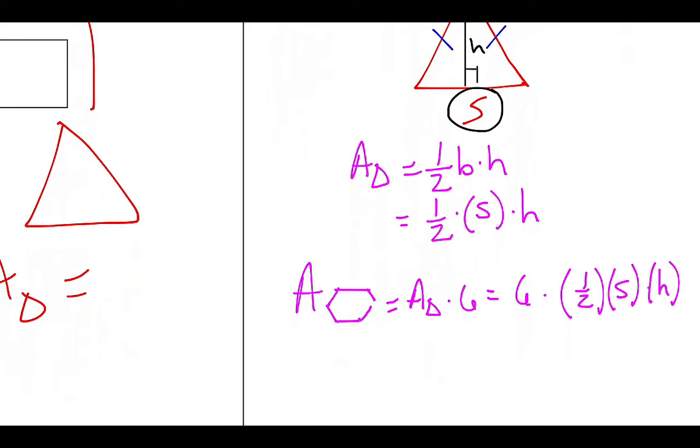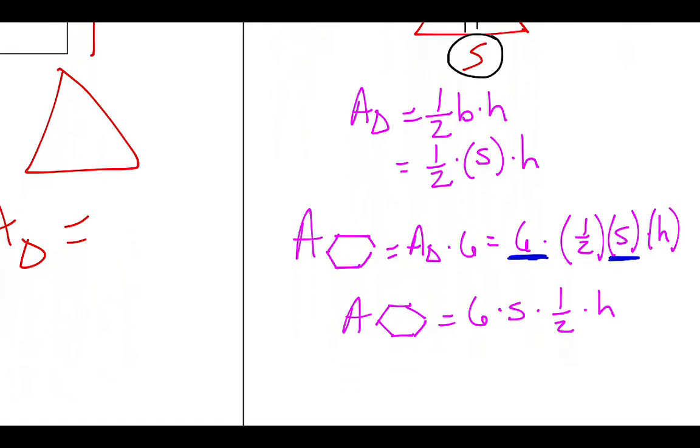You're taking a hexagon, and in that formula for area is 6 times S. And remember, multiplication can be done in any order, so I'm going to write it like this. I'm going to say that the area of that hexagon is equal to 6 times S times 1/2 times the height of that triangle.